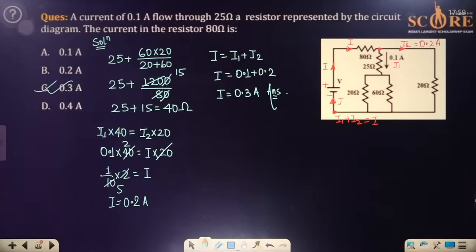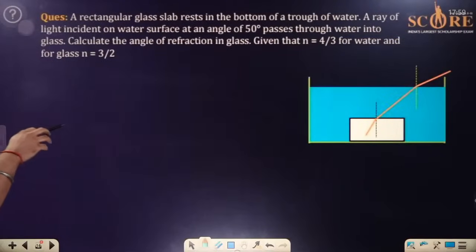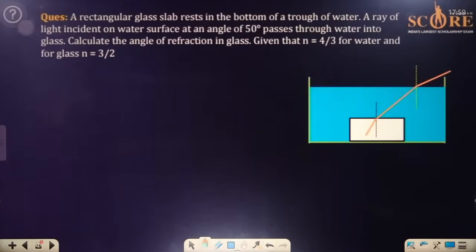Okay, sure. Now, people, there is one more question. It is for you. Try to solve it. It is a very easy question. But there are certain values that have not been given over here.